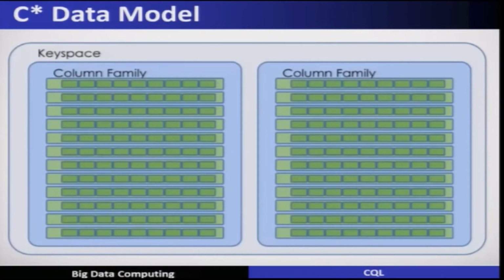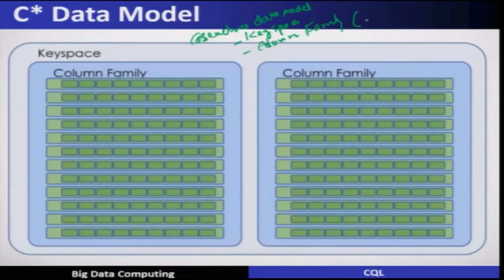So, the Cassandra data model consists of a key space. Key space is the entire database of an RDBMS system, and the column family is nothing but the tables of a database management system. The key space is divided into the column families.